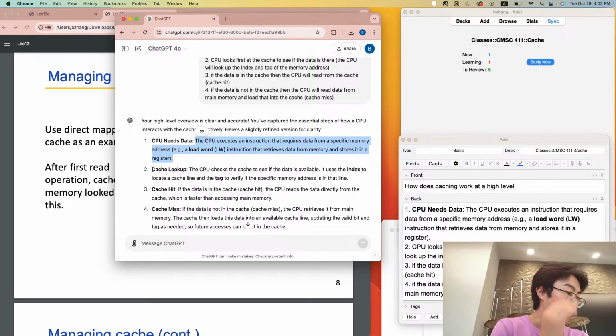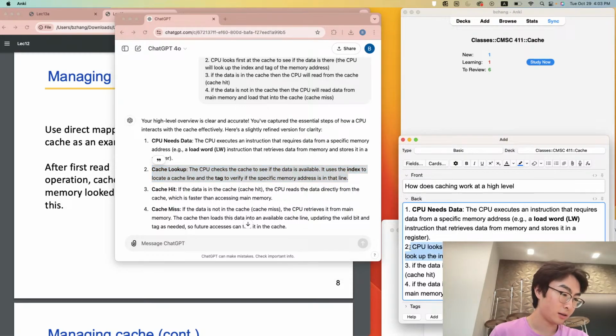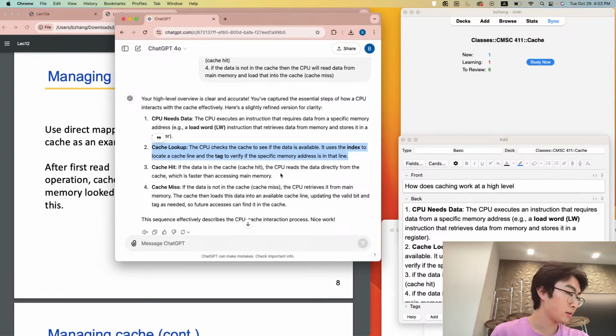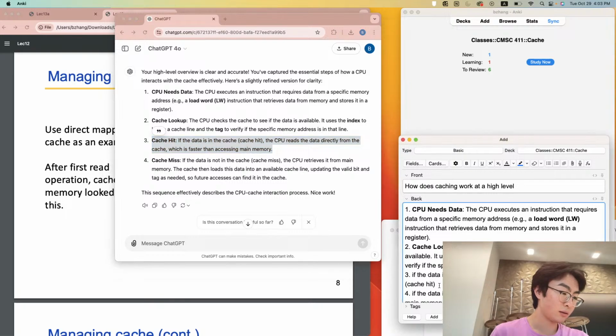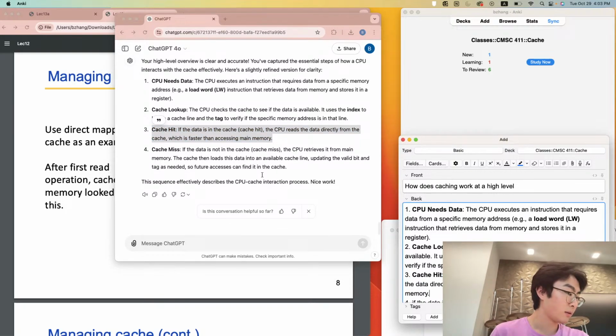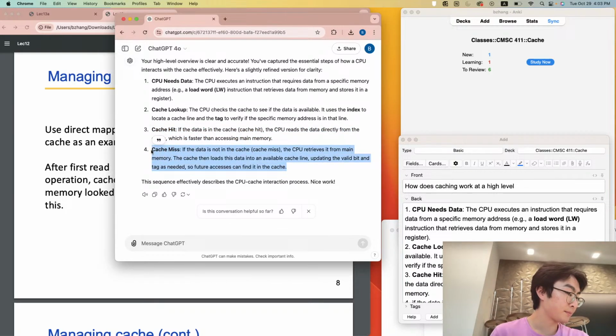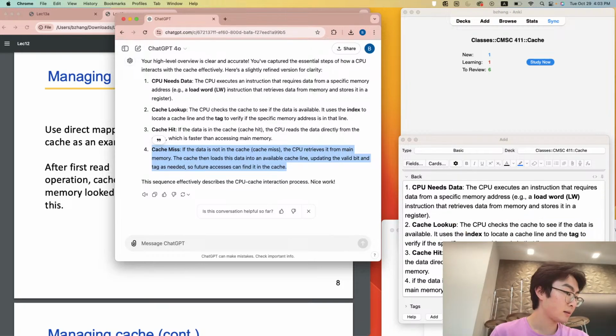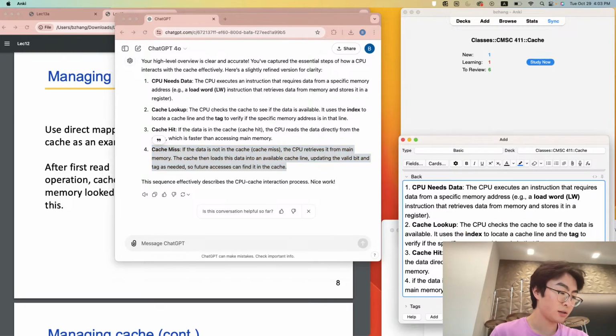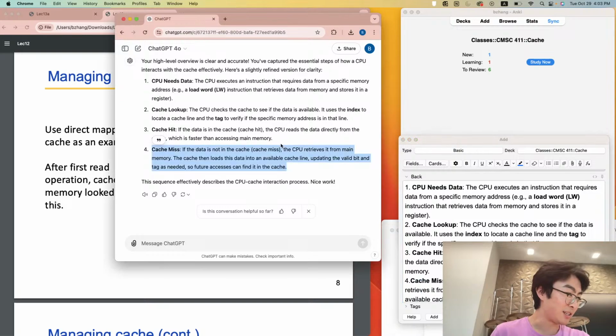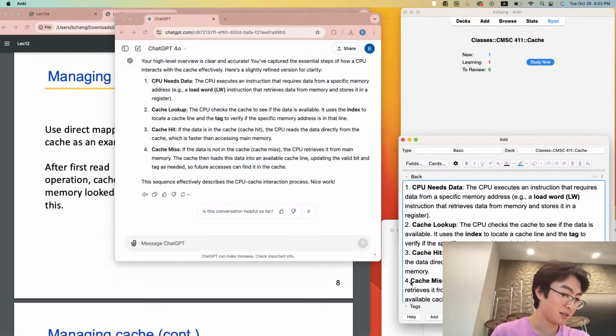So the CPU checks the caches. CPU cache. Let's go. Thank you, ChatGPT. I appreciate the nice work.